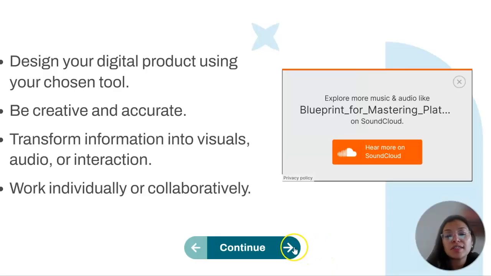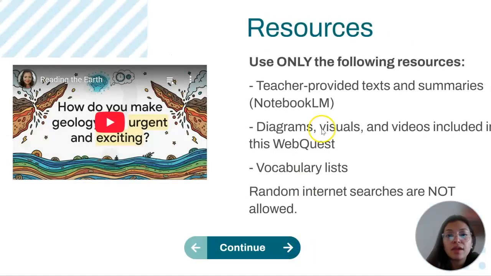And also we can save time and provide them good resources to study. The resources are for the teacher. I will provide some text and summaries from NotebookLM, diagrams, visuals, and videos included in this WebQuest, and a vocabulary list.